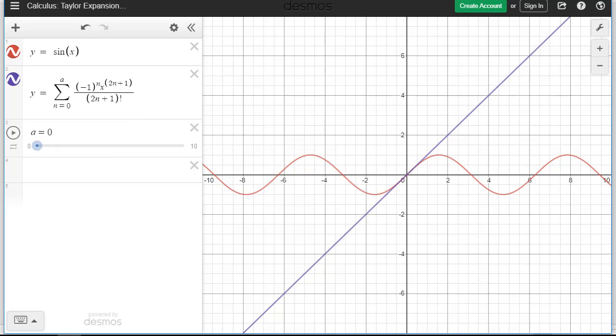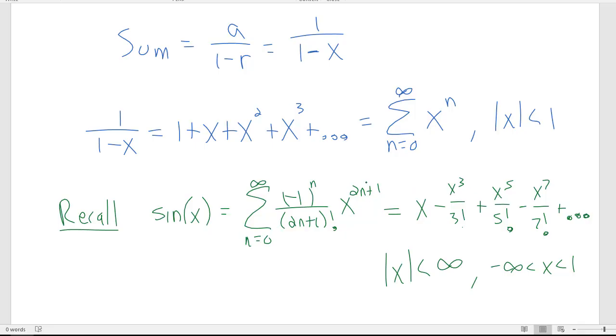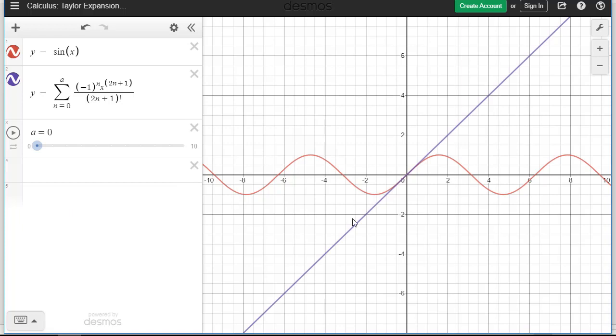All right, now let me come back to my Word doc. If I'm looking at the sine series and I plug in n equals 0, that gives me this first term. (-1)^0 is +1, 2 times 0 plus 1 is 1 factorial, and then x to the 1. So that gives me the first term. In essence, sine of x is approximated by x. Now I'm going to come back to Desmos, and that's what I'm graphing here.